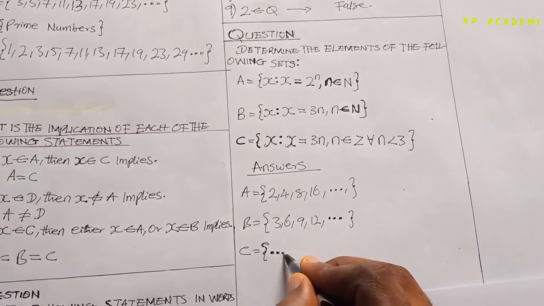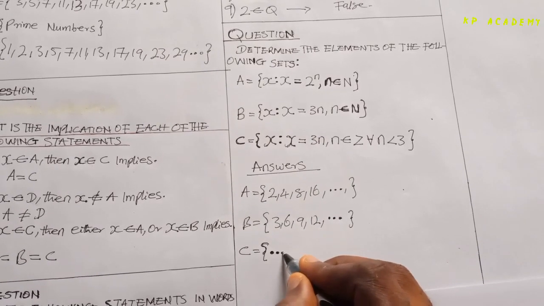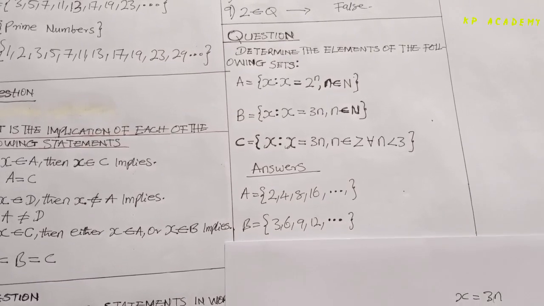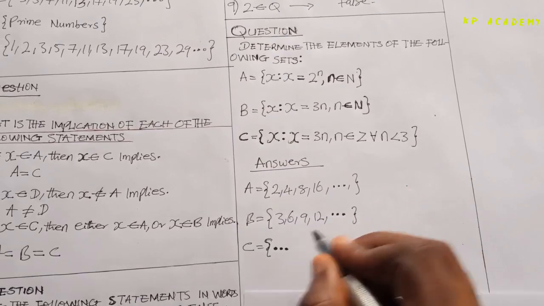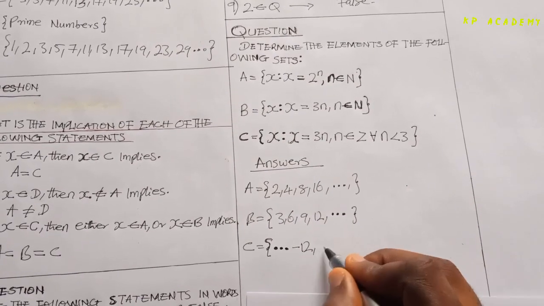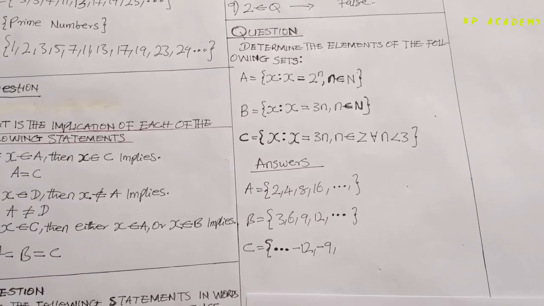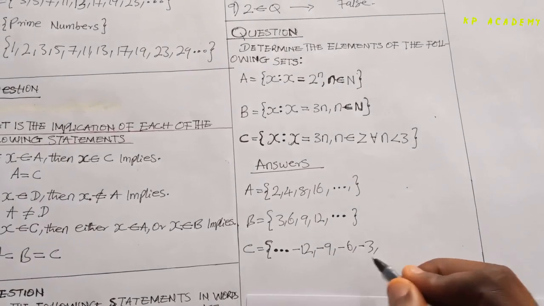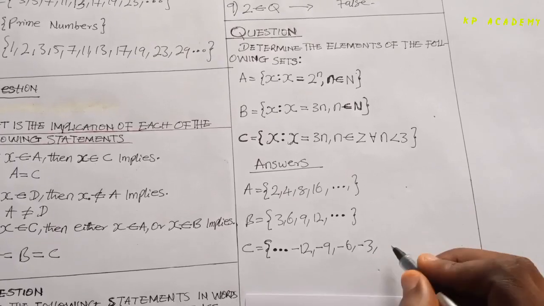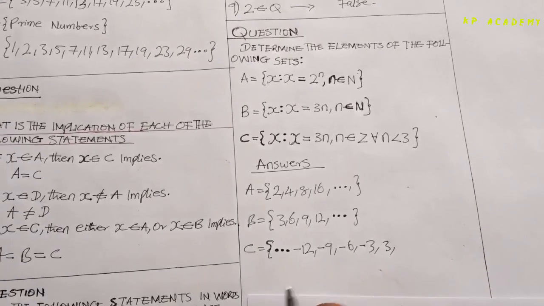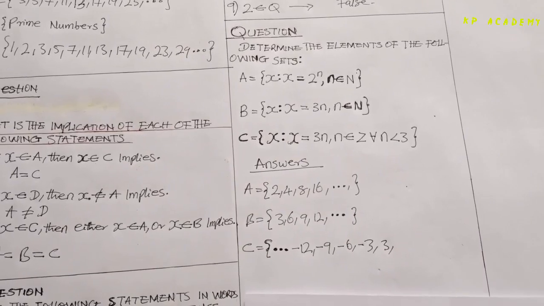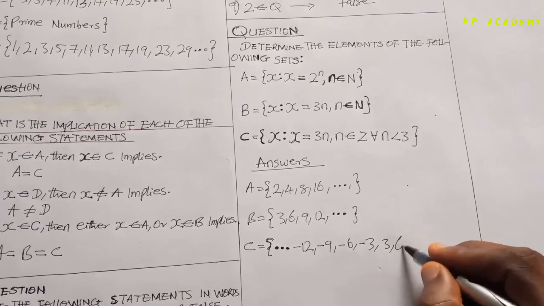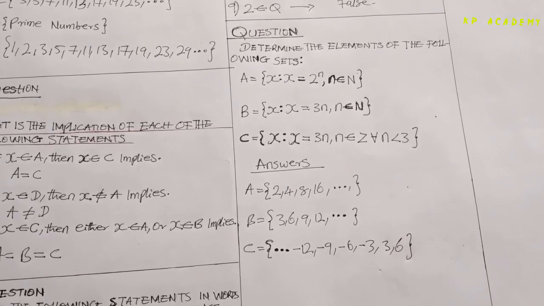These 3 dots will include the avalanche of negative integers. Then we are going to say -12, -9, -6, -3, 3, and 6. All right, I hope you understand this.